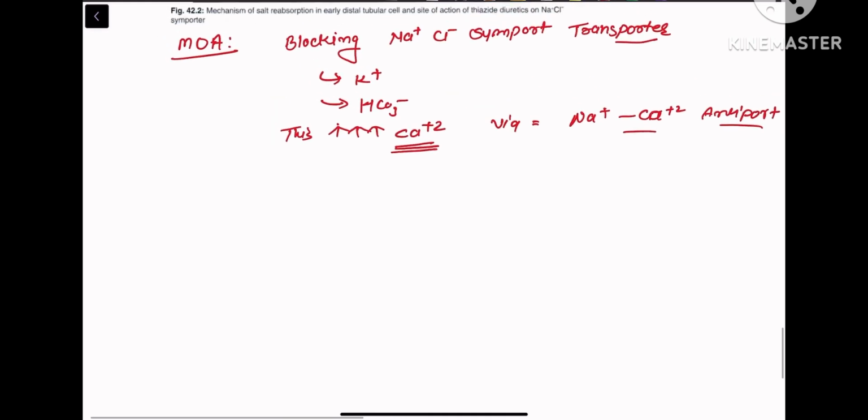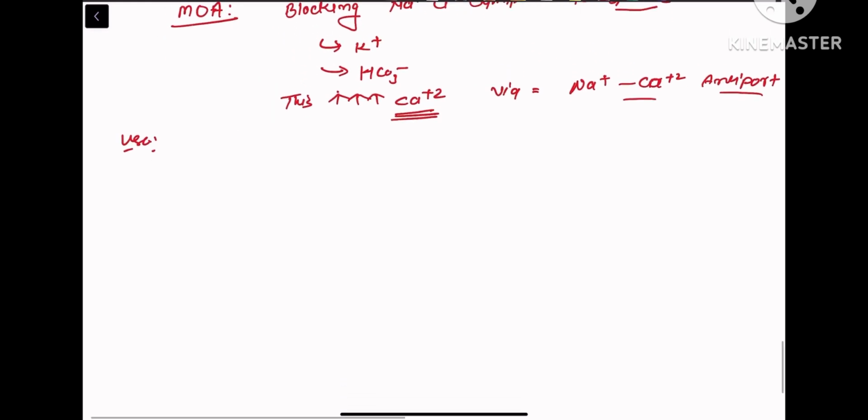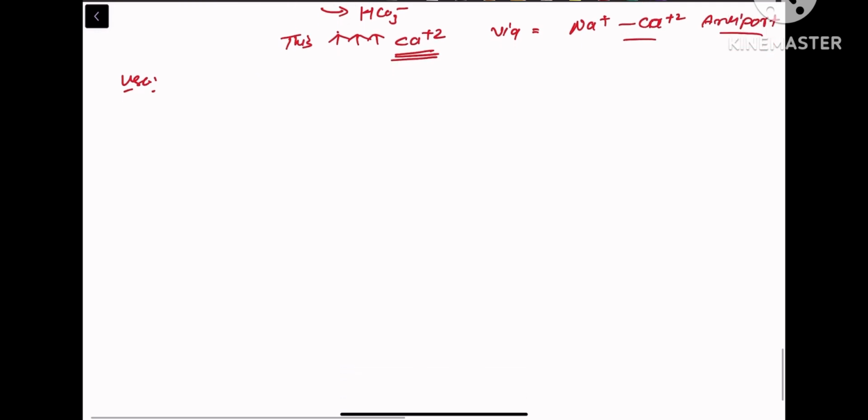now come to the uses. Again, this is used for the same edema, to reduce the fluid.